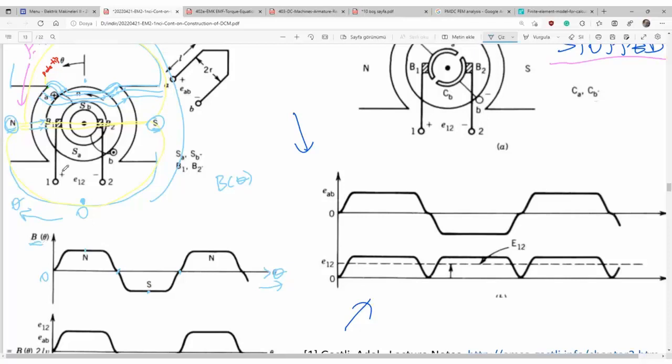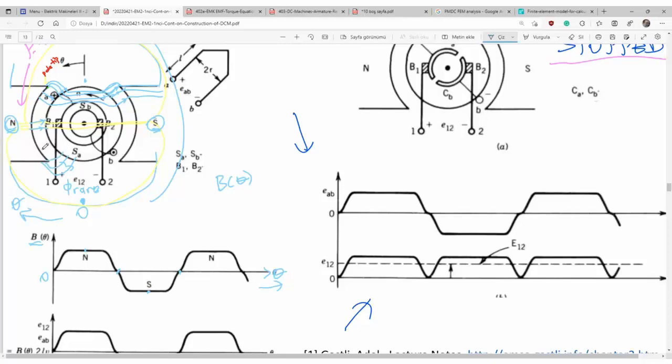Fluxes, here are some flux lines, yes, but they are rare, a very small amount of magnetic flux here.